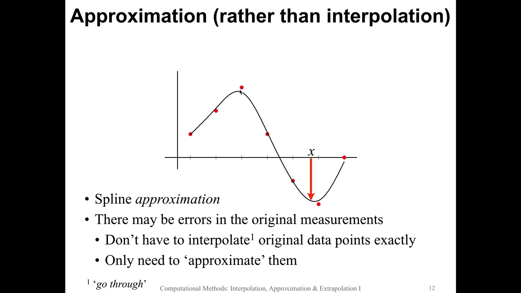We don't actually have to interpolate every single point. We can go near them, and as long as we get the rough shape of the data right, then we can say we're approximating our data. And then for this approximating function, at this location x, we can say this is what we estimate our value should be. So interpolating our data means that we actually have to go through our data.